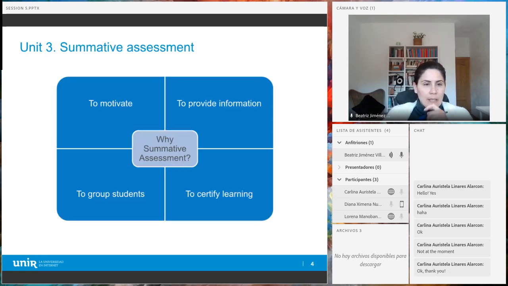Okay, so when we start talking about summative assessment, although usually we think of a test or an exam, we need to understand that summative assessment has also many benefits on the learning of our students. So it definitely has an important role to play in the learning of our students.